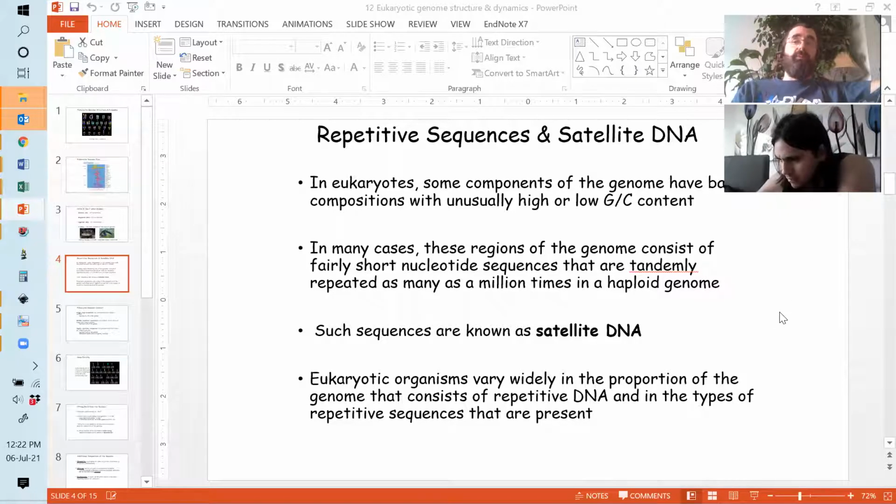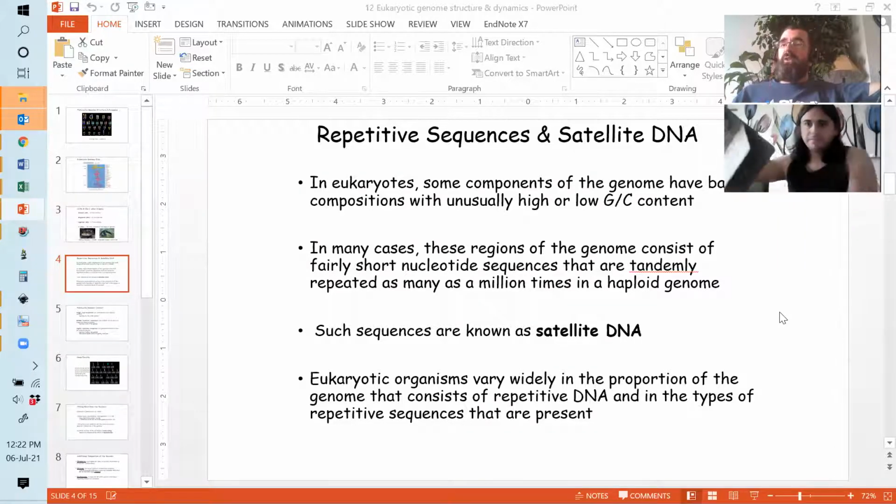So some of those repetitive sequences serve a purpose, as in the telomeres, right? They're full of repetitive sequences. Others are just what we kind of accumulate over time, right?